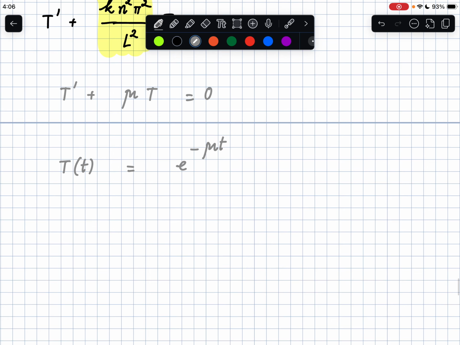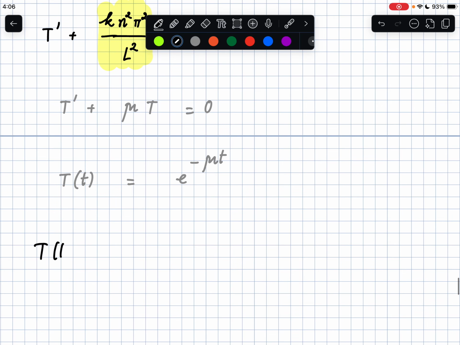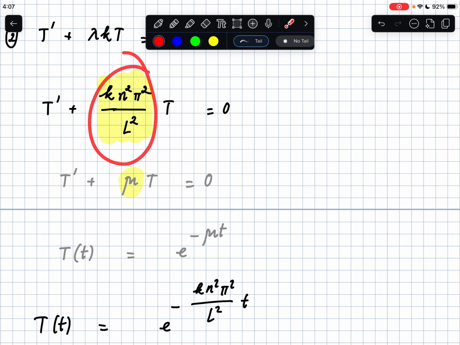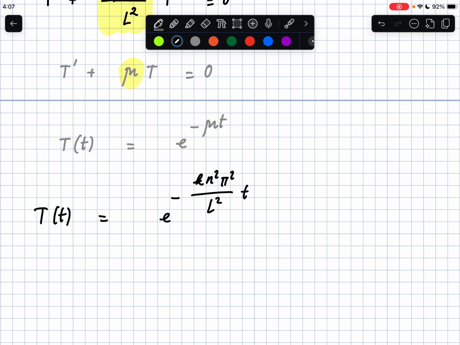So in this case T of t equals e to the minus k n square pi square over L square times t. Mu in this case is just this whole thing. Because it involves n, I put Tn for given n equal to 1, 2, 3 and so on.